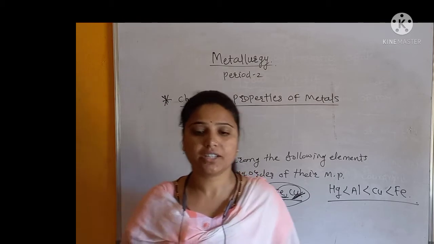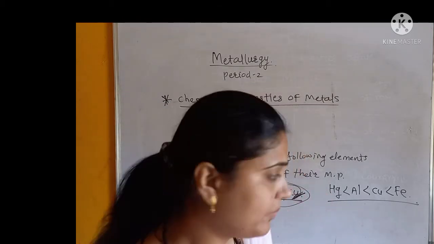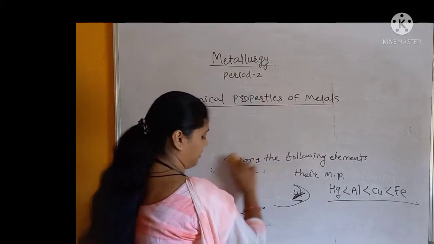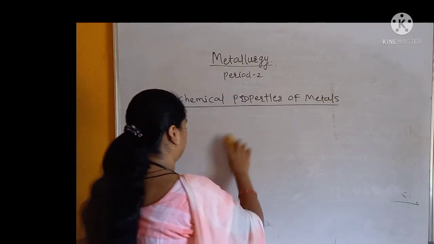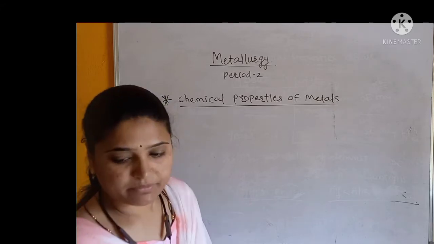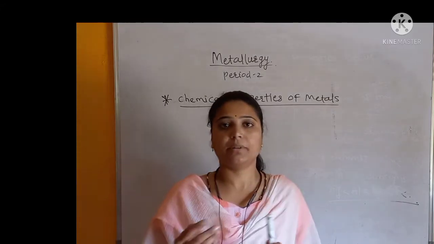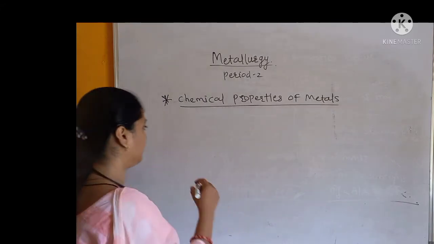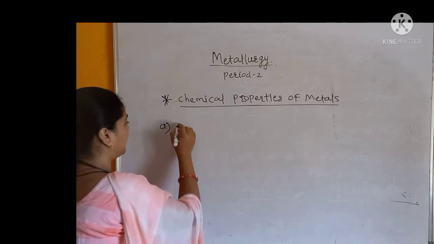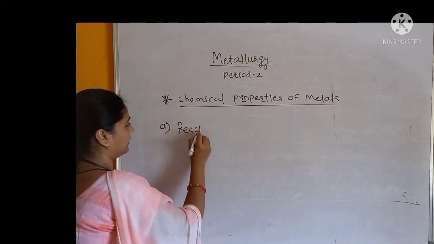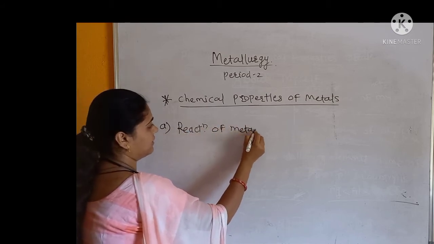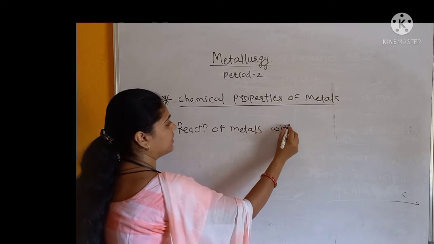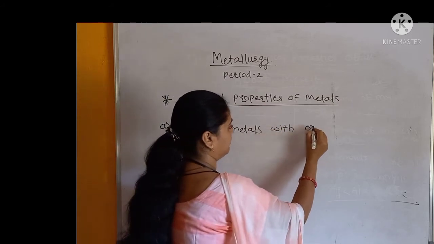Today we discuss the chemical properties of metals. In the chemical properties of metals, not all elements react similarly with different reagents. First is the reaction of metals with oxygen.